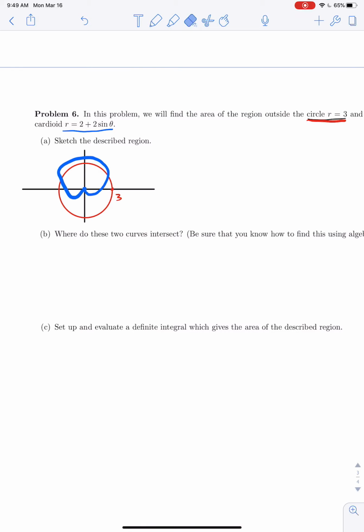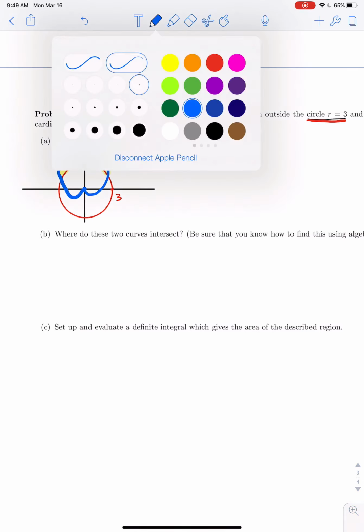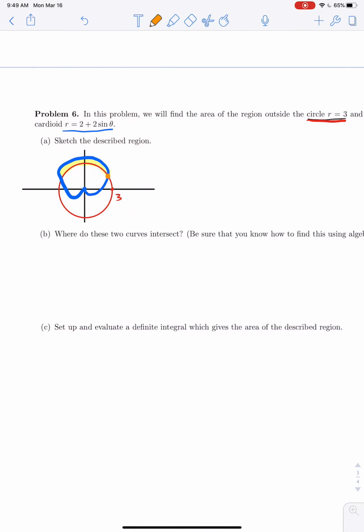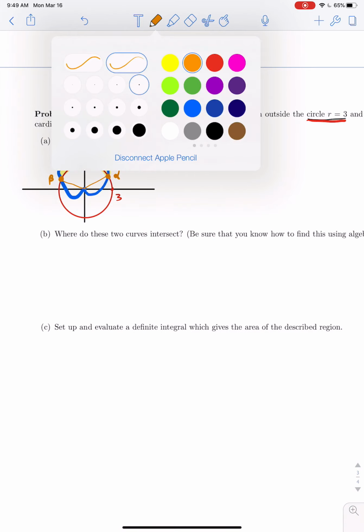Okay, so we're still finding this yellow region here, but the places where these curves intersect, which would be right here and right here, those are what we need to find. So the angles that those 2 points are at are what we need to find.